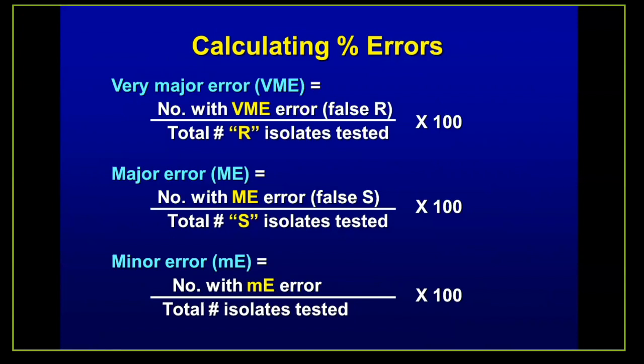Major errors, the number of isolates with major errors, dividing that into the total number of susceptible isolates tested, multiplying that times 100. And then minor errors are defined as the number of isolates with a minor error and dividing that by the total number of isolates tested and multiplying that by 100.